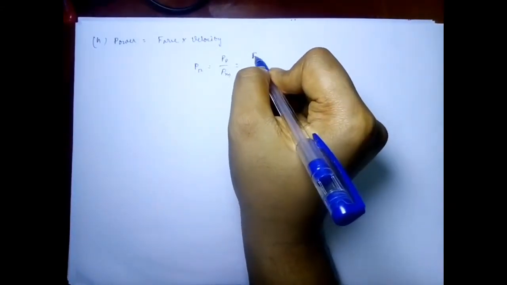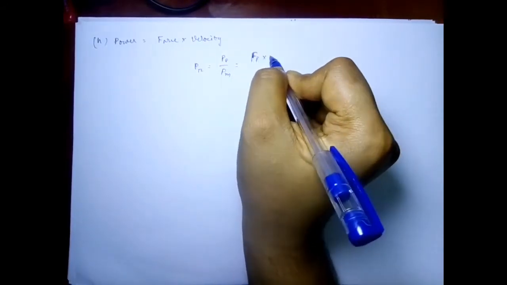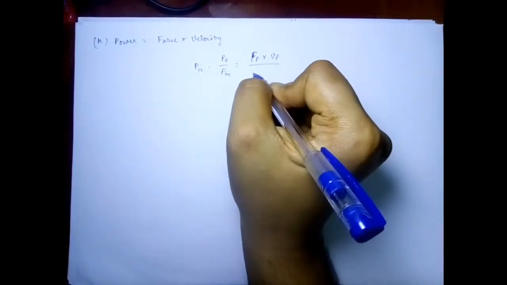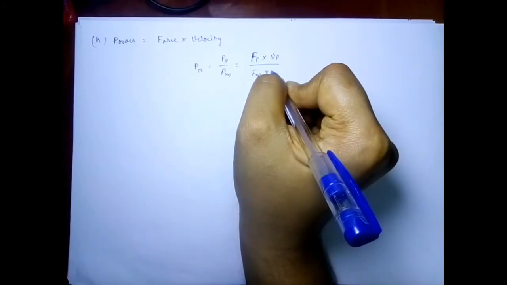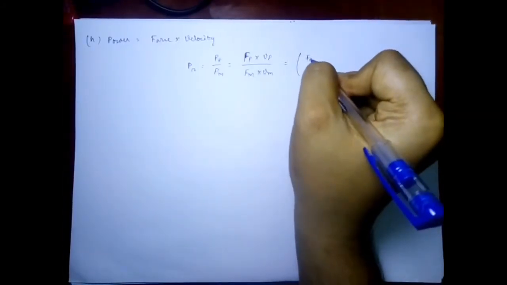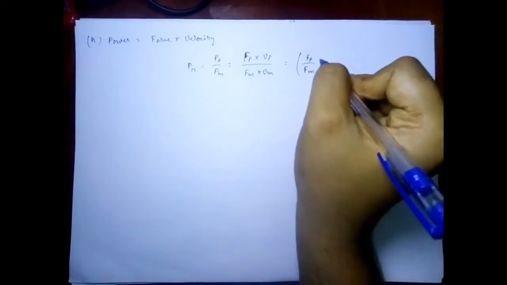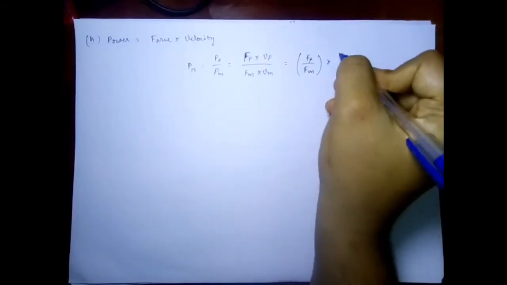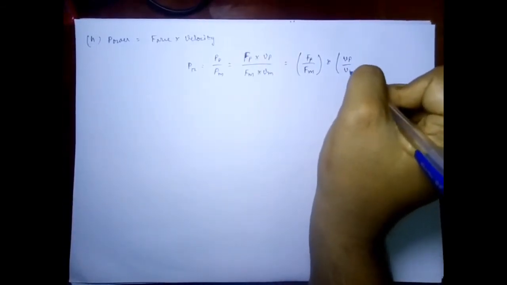Let's write Fp multiplied by Vp upon Fm multiplied by Vm, and it will be equal to Fp upon Fm multiplied by Vp upon Vm.